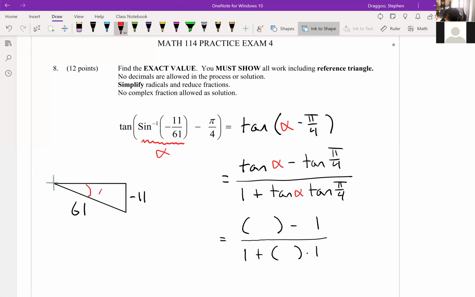Then either use the Pythagorean theorem or your knowledge of Pythagorean triples to find that the missing side is 60. Because we'll take 61 squared minus 11 squared, we should end up with 3,600, the square root of which is 60.